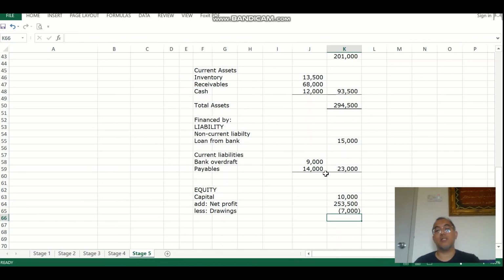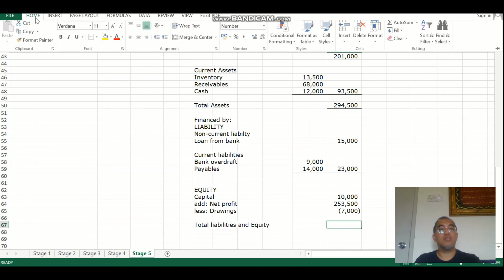Put some bracket. Okay, so what is my total liability and equity? Okay, so let's total up.